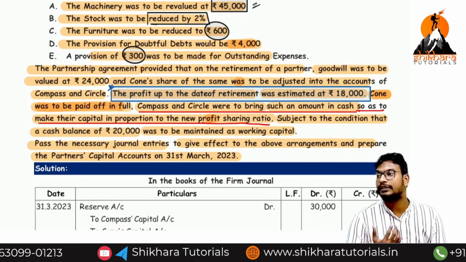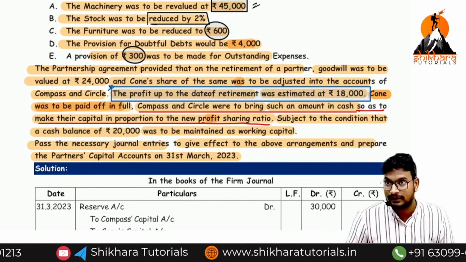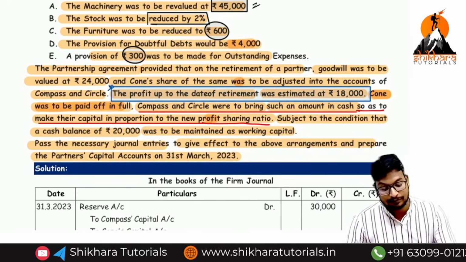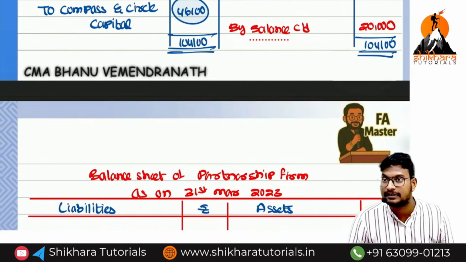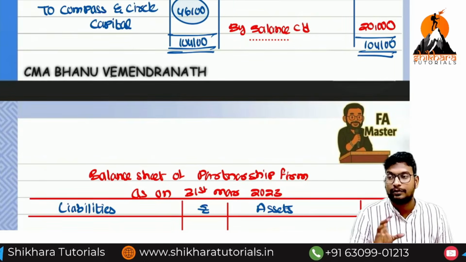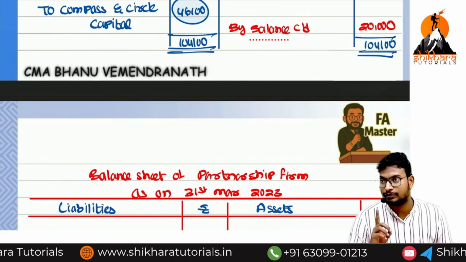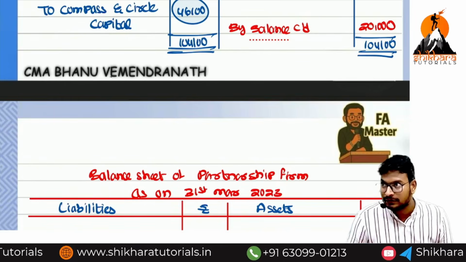Now we need to identify the closing balance of compass and circle, and add back 46,100. The total closing balance we will get, and we need to apportion in the ratio of the new ratio. So this is one more special point. Are you getting the point?